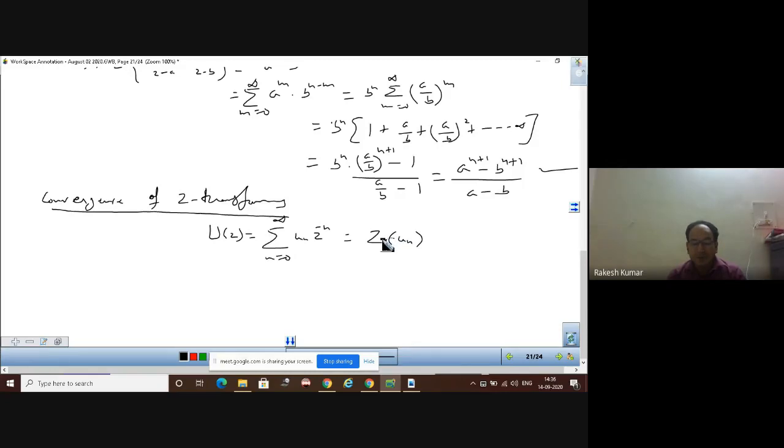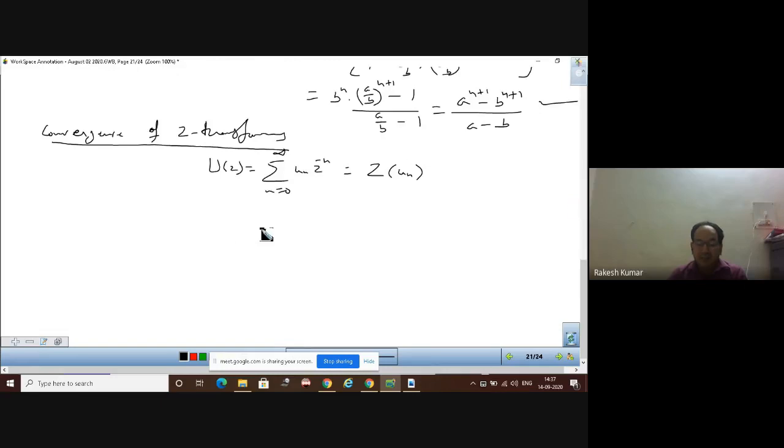Now, when we talk about convergence, the convergence should be within a range. If we are talking about a circle, and the area of the circle is like this. If we are talking about the outside area, what does it mean?